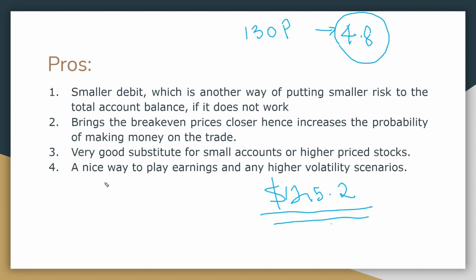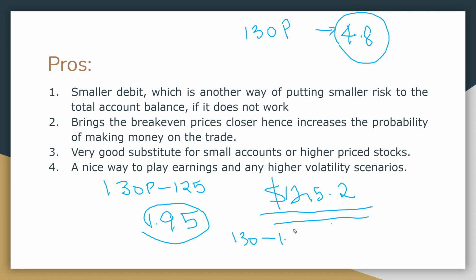But by buying 130 and selling 125, I paid only $1.95. So at expiration, my break-even is only $1.95 below 130, which means 130 minus 1.95 is 128.05. Anywhere below 128.05, if Apple closes, I will make money.